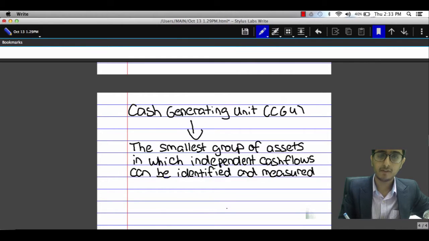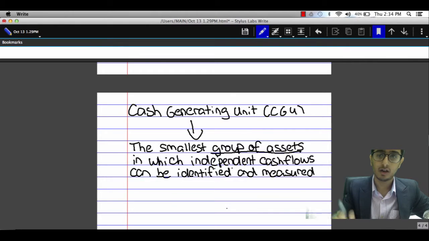Okay, by definition, this is the smallest group of assets in which independent cash flows can be identified and measured. Now, as I said before, the recoverable amount of individual assets cannot be measured. So this is why we take a group of assets.